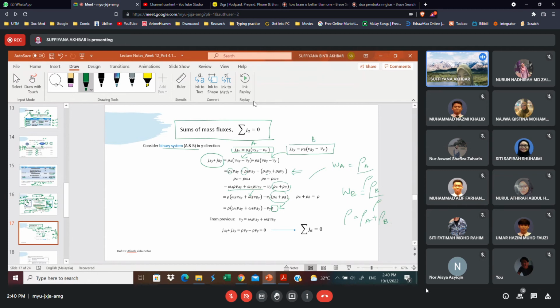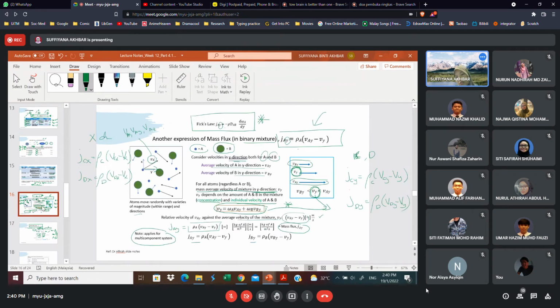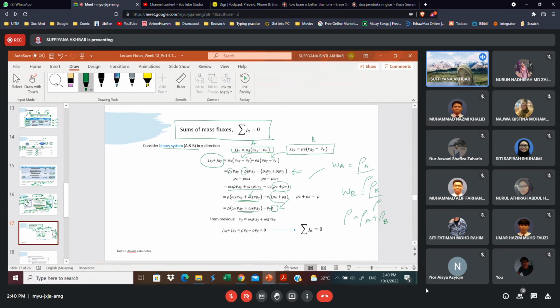Okay. Meanwhile for the here, ingat tak tadi kita dah belajar? You kena ingat, which is this one. The mass average velocity of the mixture is equal to mass fraction times the average velocity of component A plus mass fraction of component B times the average velocity of component B. So that we can replace here with the Vy.